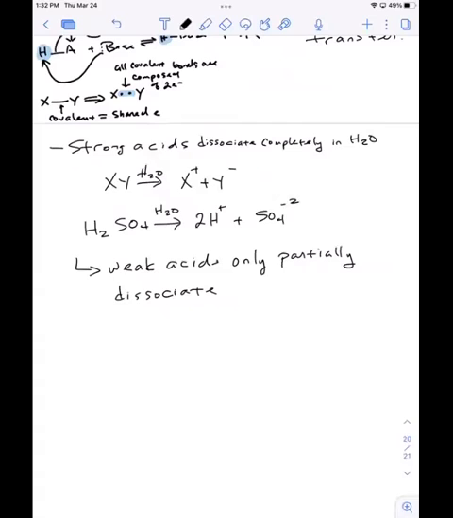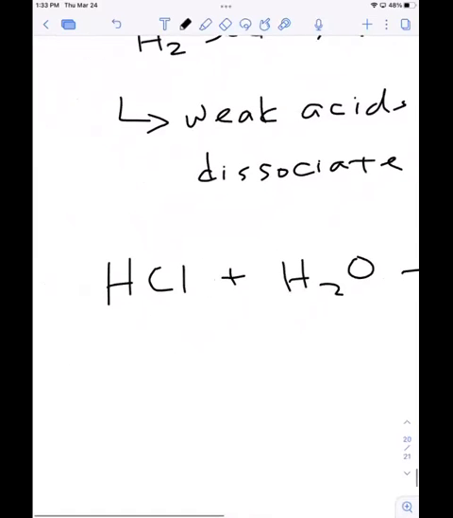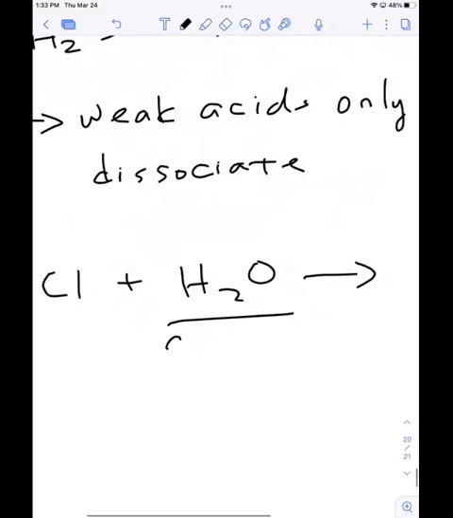Another example would be to take HCl, which is a very strong acid, and I'm going to show this two ways. We take that plus water. Water in this case is what we call amphiprotic.